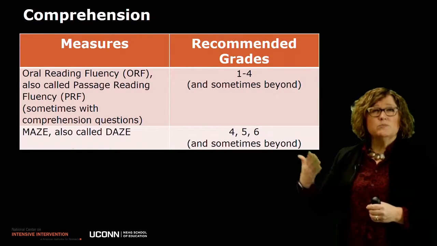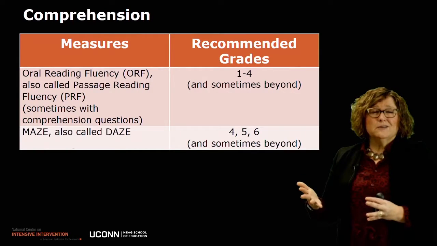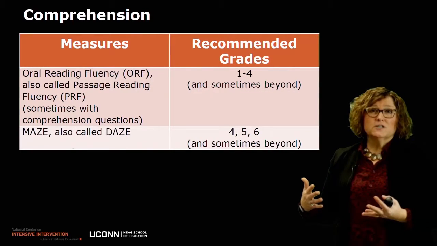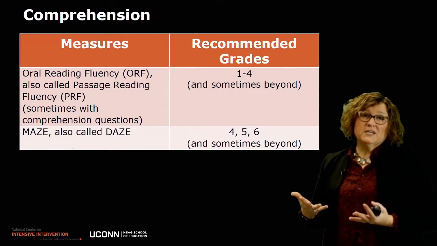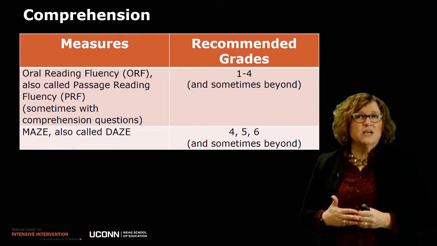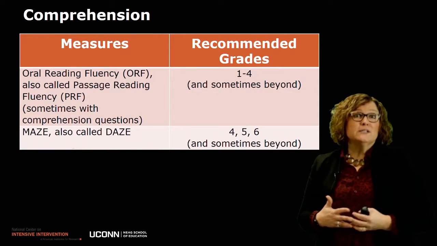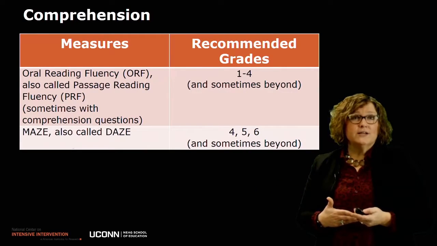And so sometimes we move to these maze measures. It's not only perhaps capturing their progress better, but also sometimes it's easier for teachers to deliver because students read silently. They can be group administered, and sometimes that's more logistically feasible for a teacher who has more students in, say, a 6th or a 7th grade classroom.